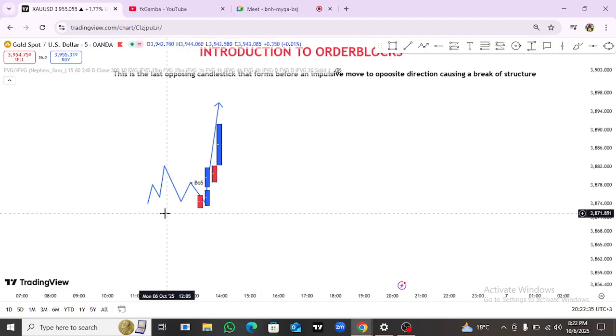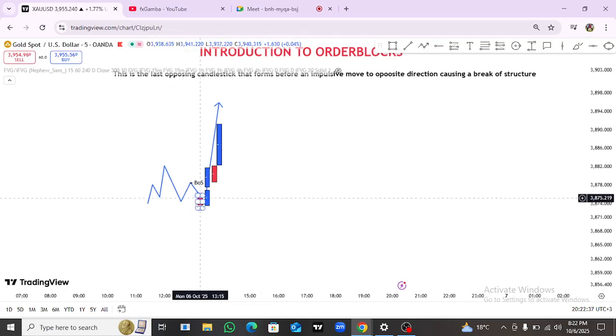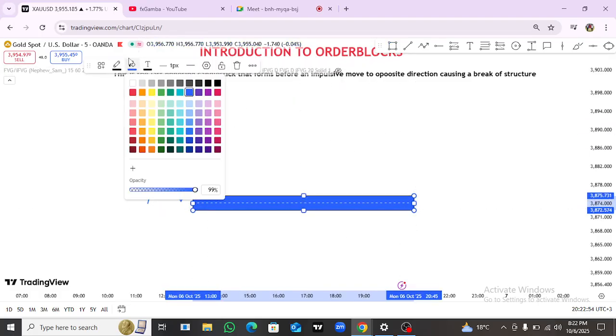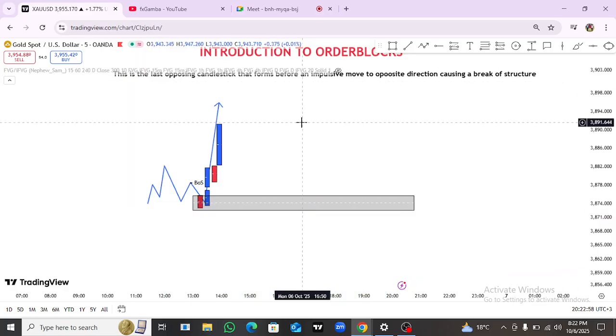So this is the last red candlestick that printed before this bullish movement that caused this break of structure. It broke this structure over here. This high was broken. So this one shall be called an order block. The last red candlestick that printed before the impulse move that went above, that is what we shall be calling an order block. Let me just put it there.